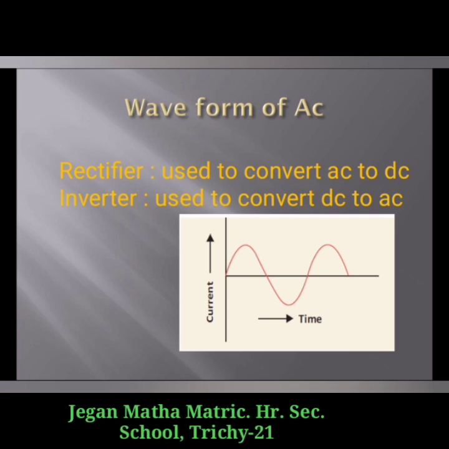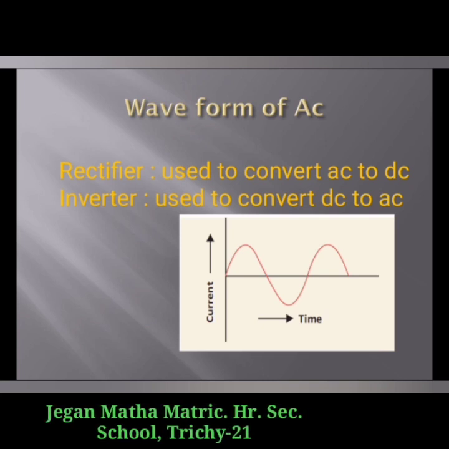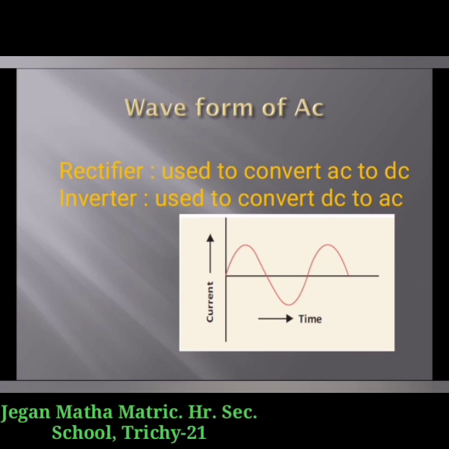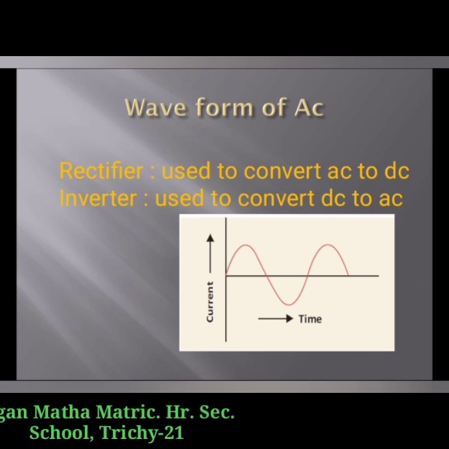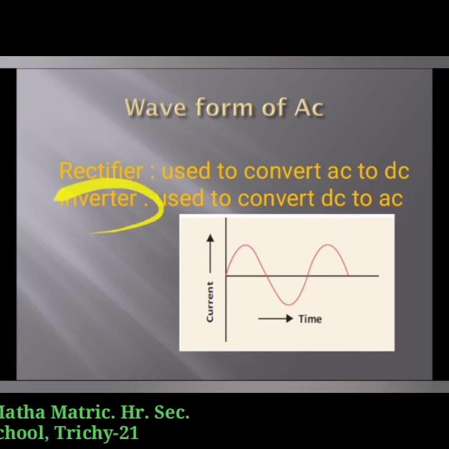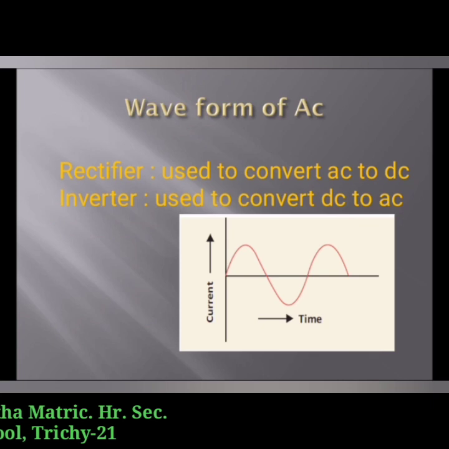It is called by several names like battery eliminator, DC adapter, and so on. The device used to convert DC into AC is called an inverter. So rectifier converts AC to DC, inverter converts DC to AC.